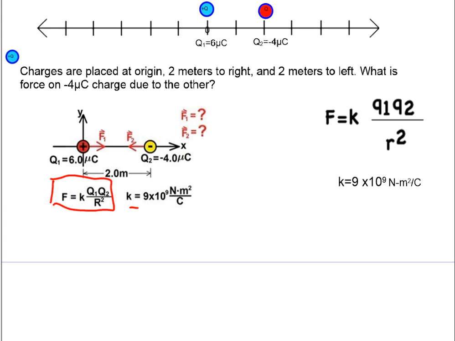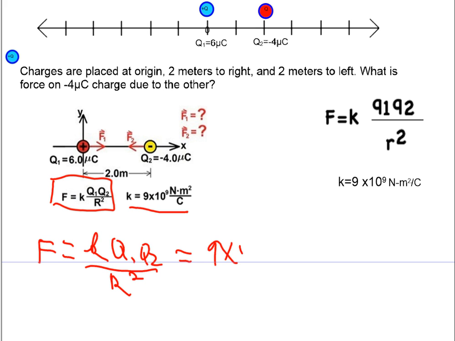Keeping in mind that k is equal to that number, the force is equal to k Q1 Q2 divided by the distance between them squared, which is 2 meters here. So we're going to put in all the numbers. 9 times 10 to the 9th, that's k, and units are newton meters squared per coulomb, multiplied by Q1, which is 6 microcoulombs.